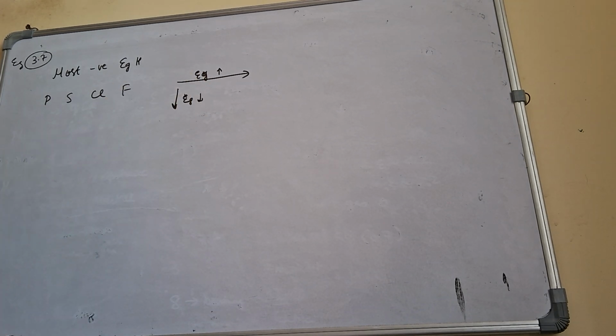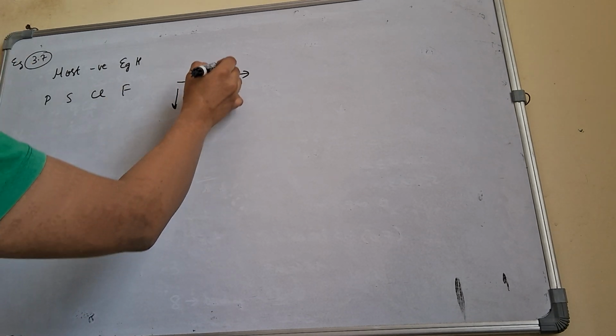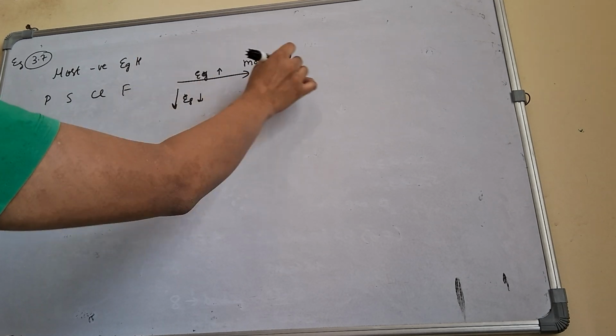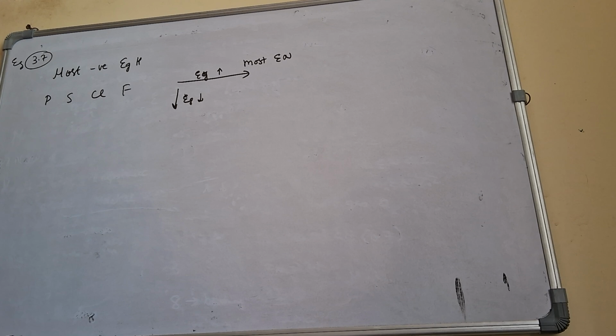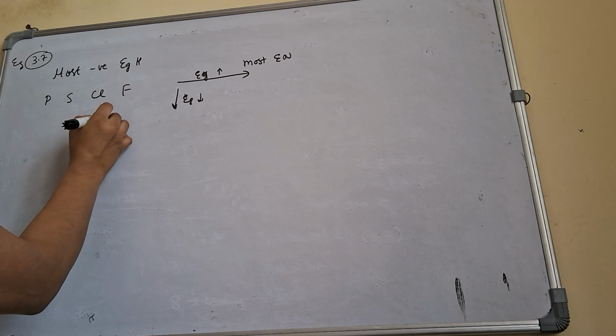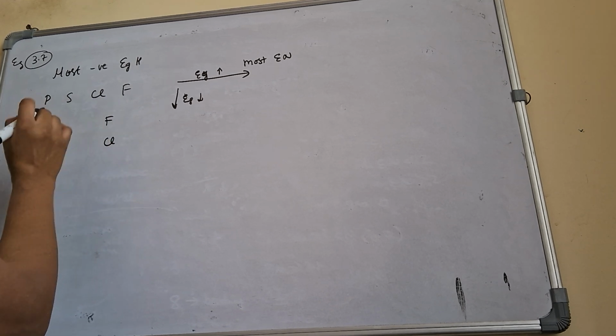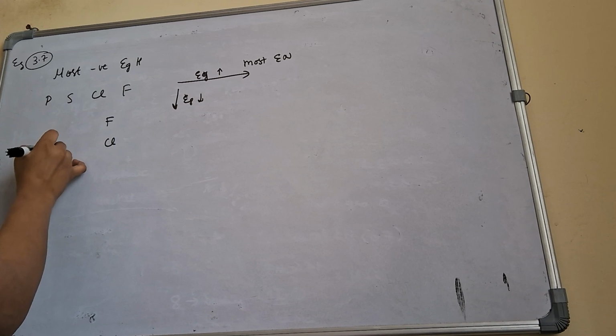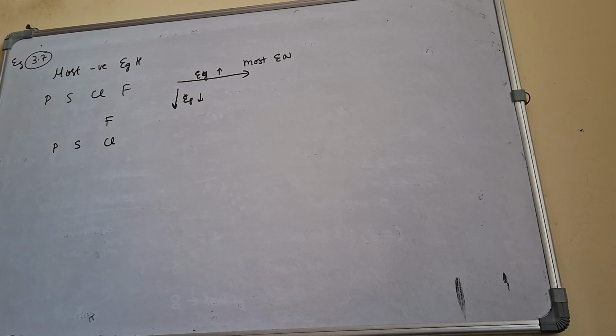Now, in this case, the most negative is chlorine, obviously. Let us understand how they are positioned. Fluorine is here, chlorine is here, whereas phosphorus is here and sulfur is here, if you see.